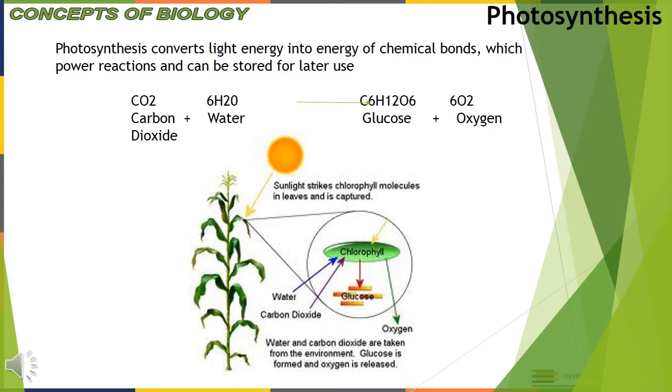So I think this picture is a nice simple way to think about it. We've got the chemical formula here showing the reactants and the products. In this case, there's 2 products, glucose and oxygen. And then you've got the nice little visual picture of how that process happens. And think of it again in terms of breathing in and breathing out.